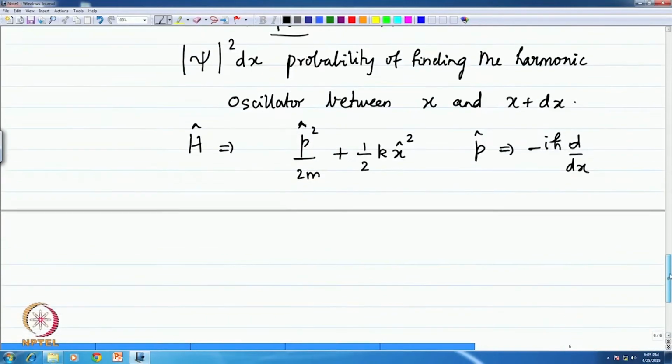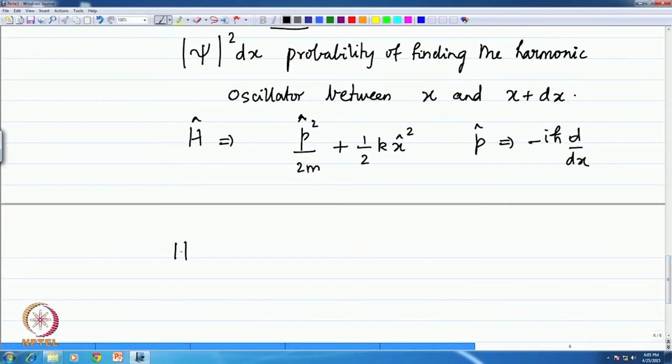Which leads to immediately this formula, namely H is minus h bar square by 2m d square by dx square, as you had it in the particle in a one dimensional box, plus half k x square, which is the potential energy associated with the harmonic oscillator.